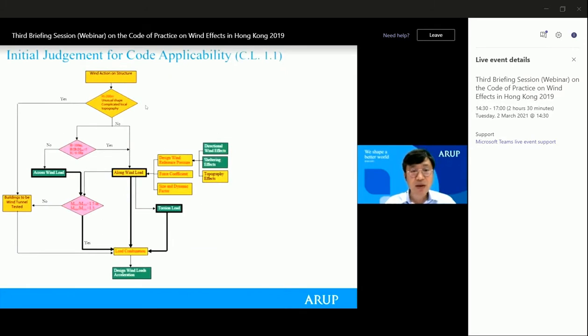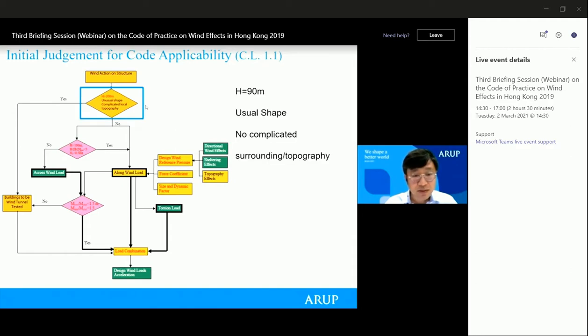So here we go through the steps one by one. The first step is initial judgment, whether the codified or standard approach applies or not. So we need to consider the total building height, which is about 90 meters, and it's okay.